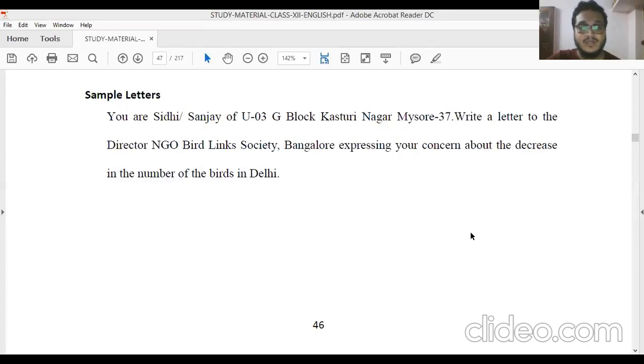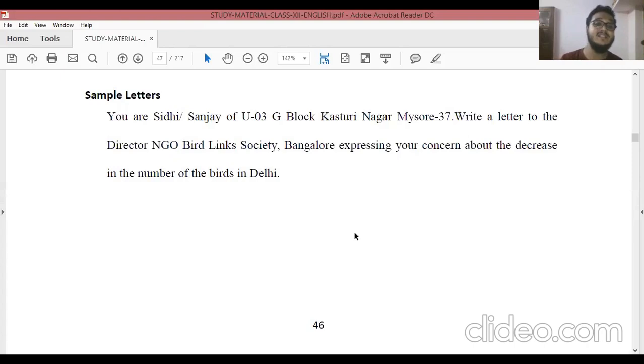You are Siddhi or Sanjay of U 3G block, Kasturi Nagar, Mysore 37. Write a letter to the director, NGO Bird Links Society, Bangalore, expressing your concern about the decrease in the number of birds in Delhi. It's a big issue.